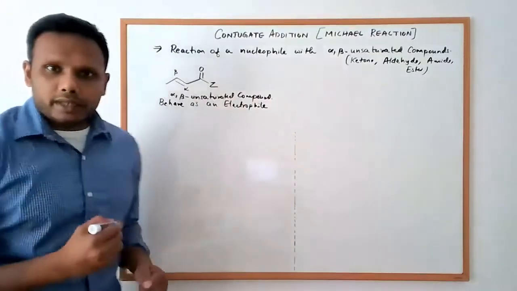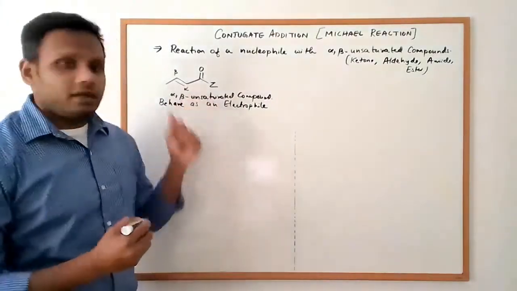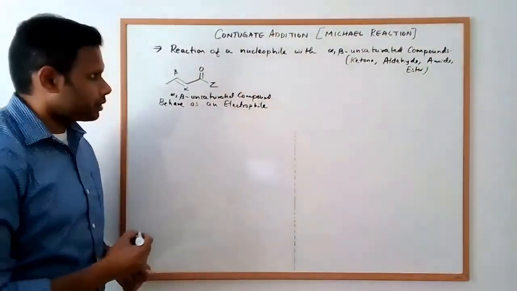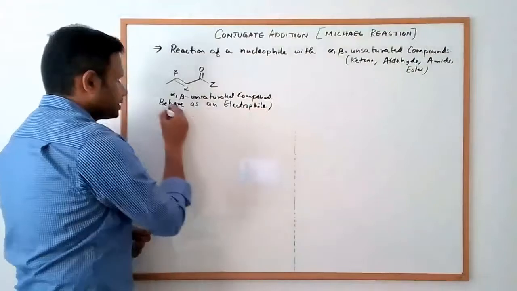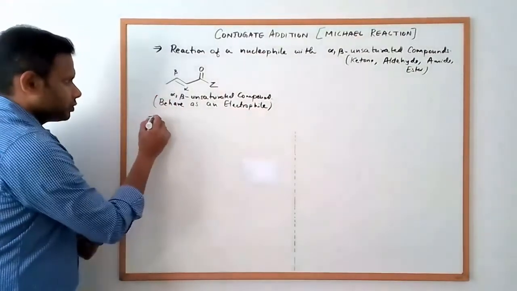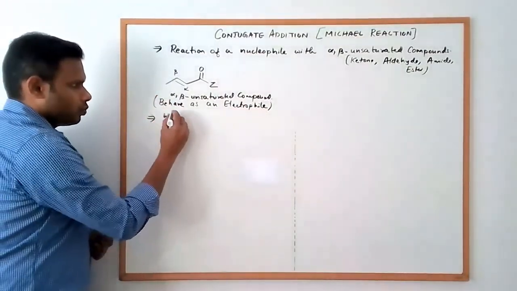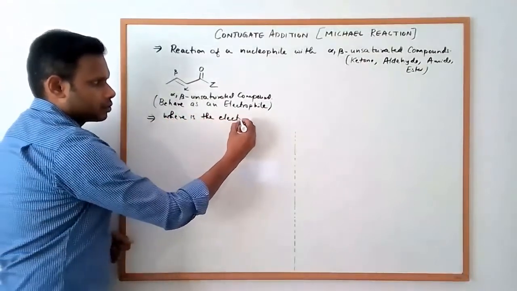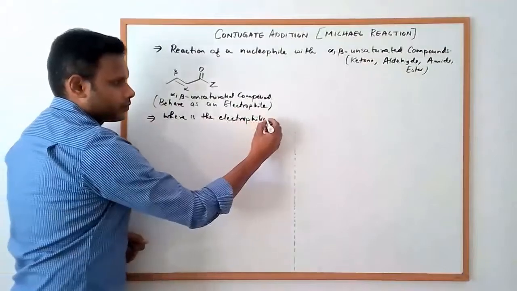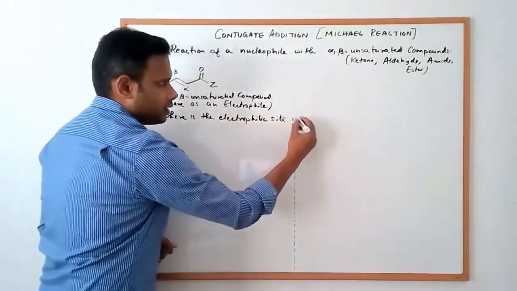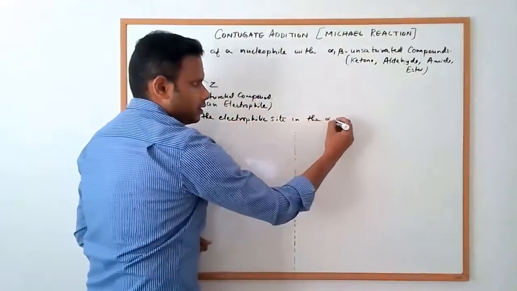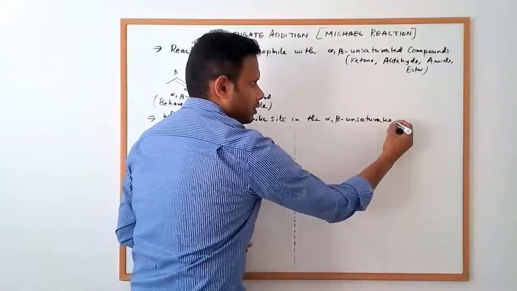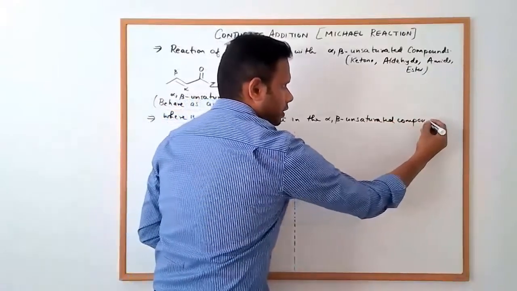So the big question is, where is the electrophilic site in the alpha beta unsaturated compound?